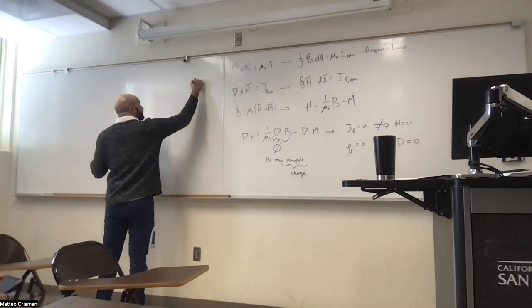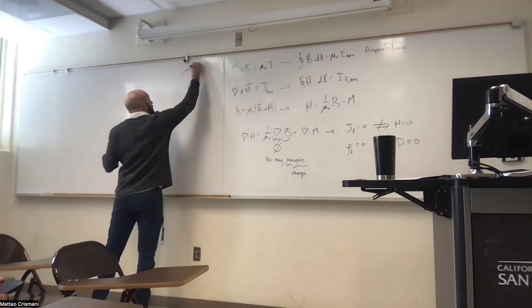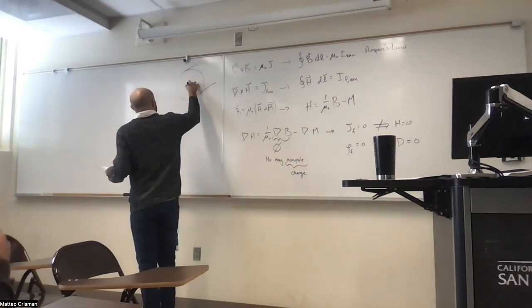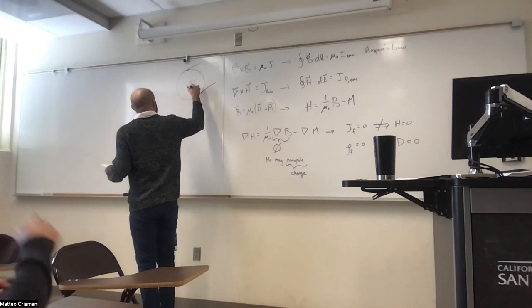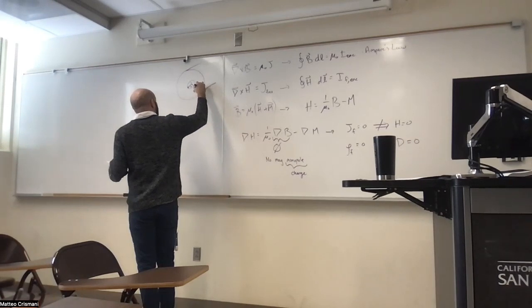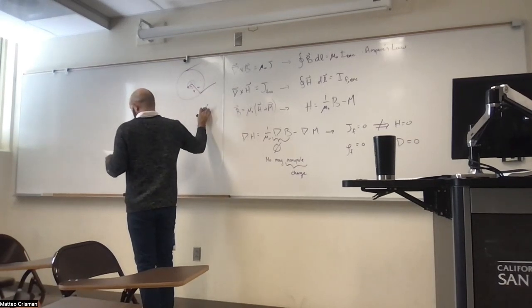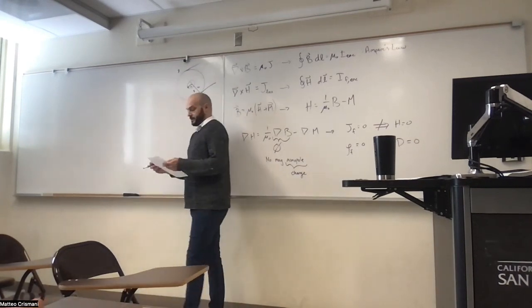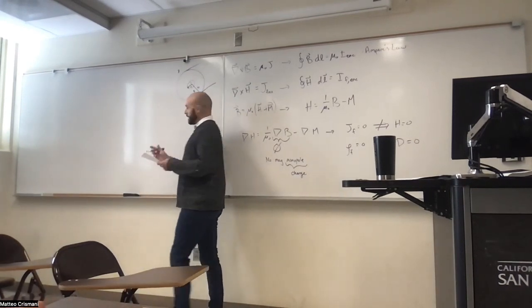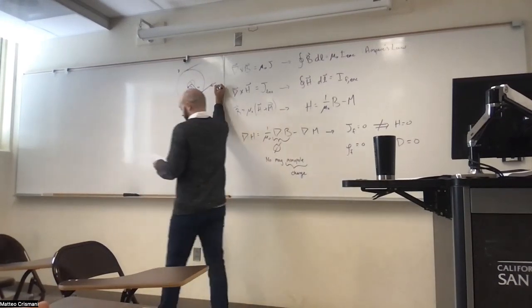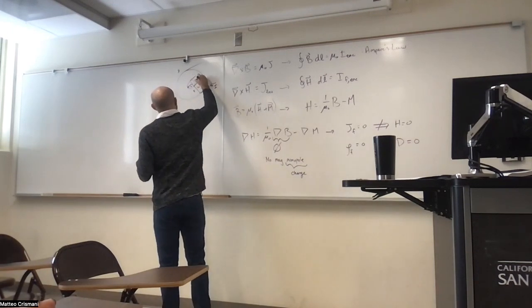We're going to have 3 regions. This will be region 1, this is radius A, this is region 2, radius B, and this is region 3. On the exterior, on this piece here, I have I going in that direction, and on this piece going backwards, I have I going in the opposite direction.